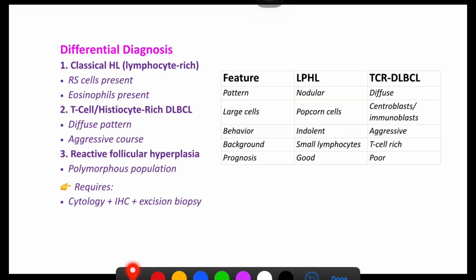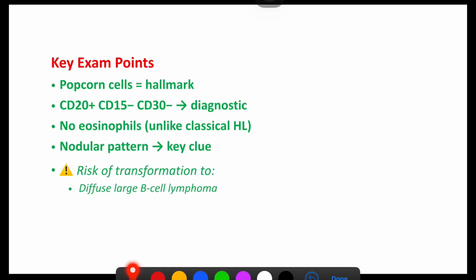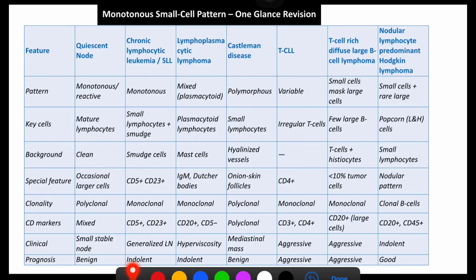This is the table showing differentiating features between LPHL and TCR DLBCL. Whenever you find popcorn cells, this is the hallmark of this disease. CD20 positive, CD15 negative, CD30 negative is diagnostic; no eosinophils and a nodular pattern is the key clue. And there is a risk of transformation to DLBCL.